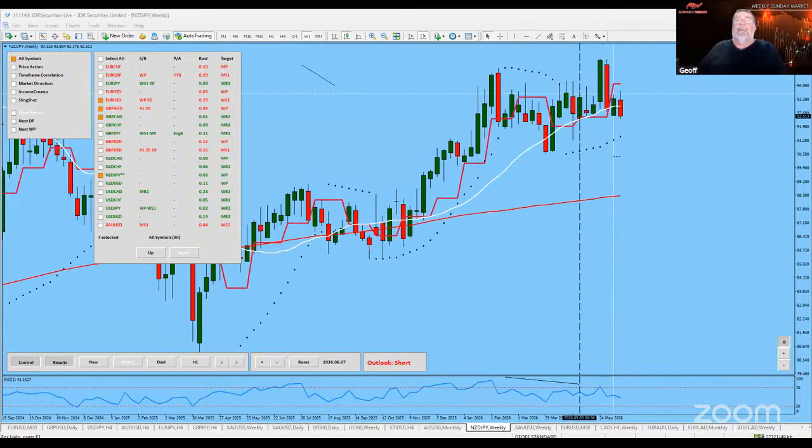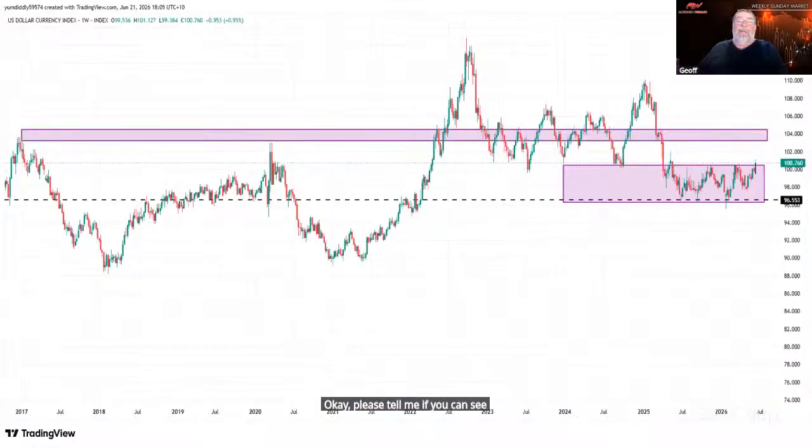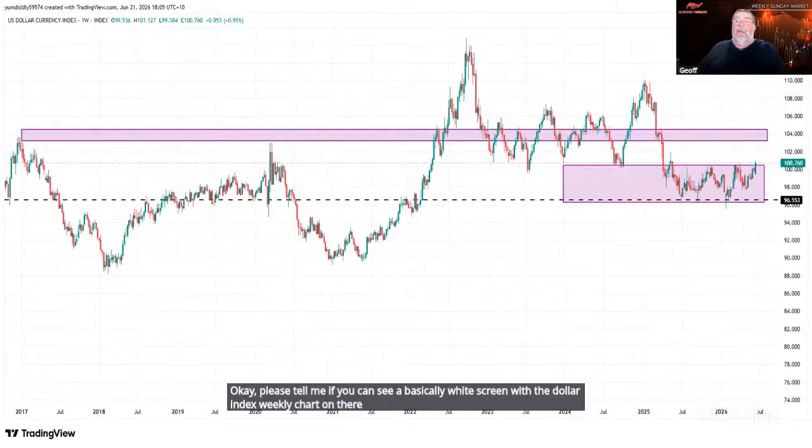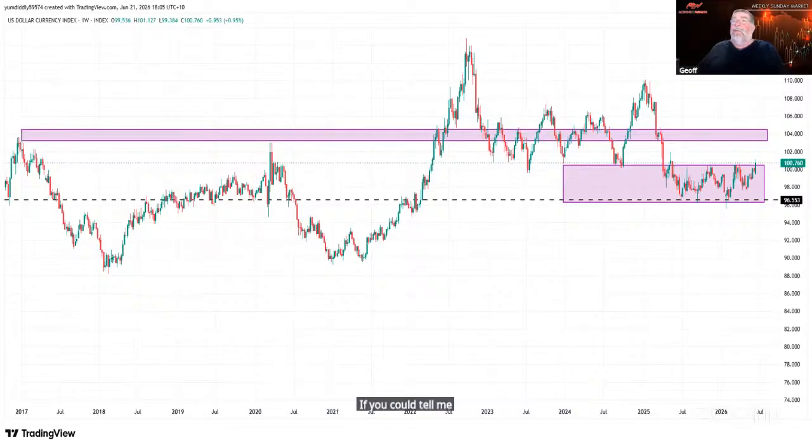Sorry, guys, this does take me some time to work out exactly how to work. Screen 2 should be the one I'm looking for. Okay, please tell me if you can see a basically white screen with the dollar index weekly chart on there. If you could tell me you can see that, that would be wonderful. I'll have a sip of Coke while I'm doing that. Awesome, thank you.